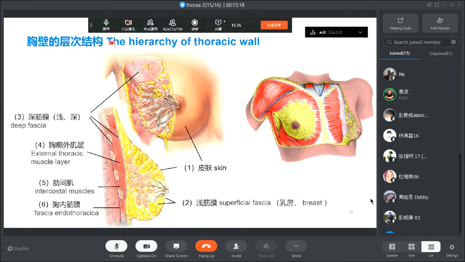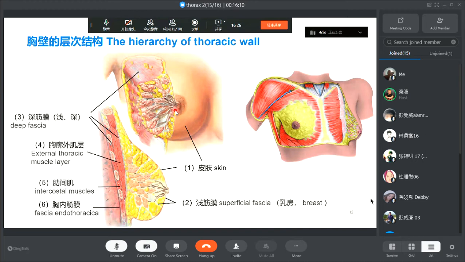This part is important knowledge from last class, and you must remember these layers. In the thoracic wall, the first layer is the skin, and the second layer is the superficial fascia. Importantly, in a female's superficial fascia, the breast and gland are in this layer.